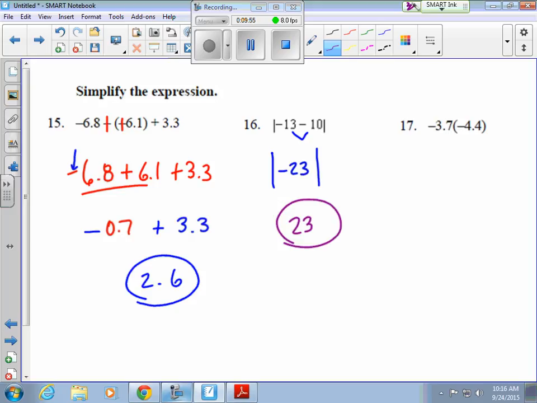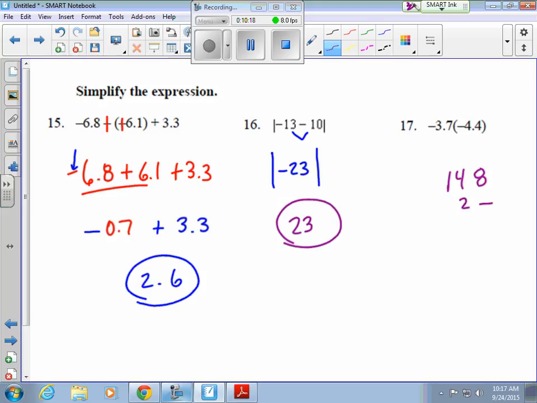Negative 3.7 times negative 4.4. A negative times a negative equals a positive right away. We know that. 7 times 4 is 28. Carry your 2. 4 times 3 is 12. Plus 2 is 14. Leave us a little placeholder. 3 times 4 is 12.